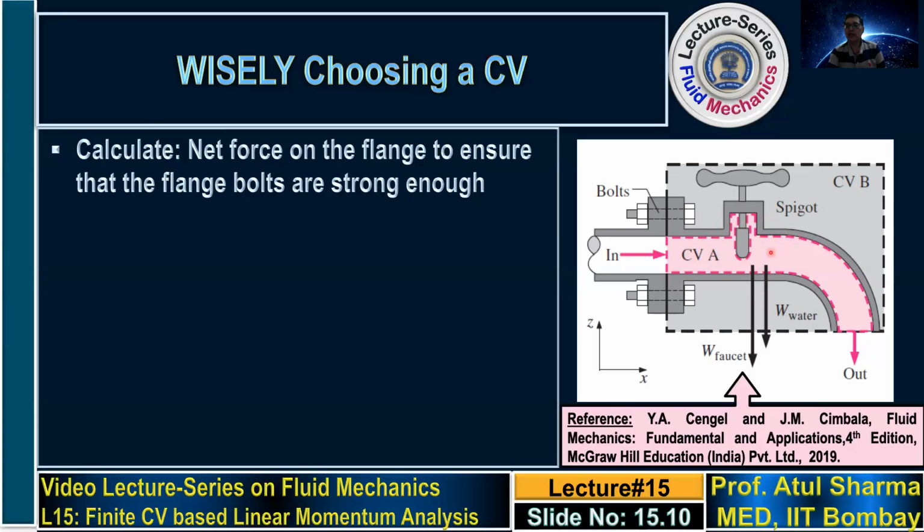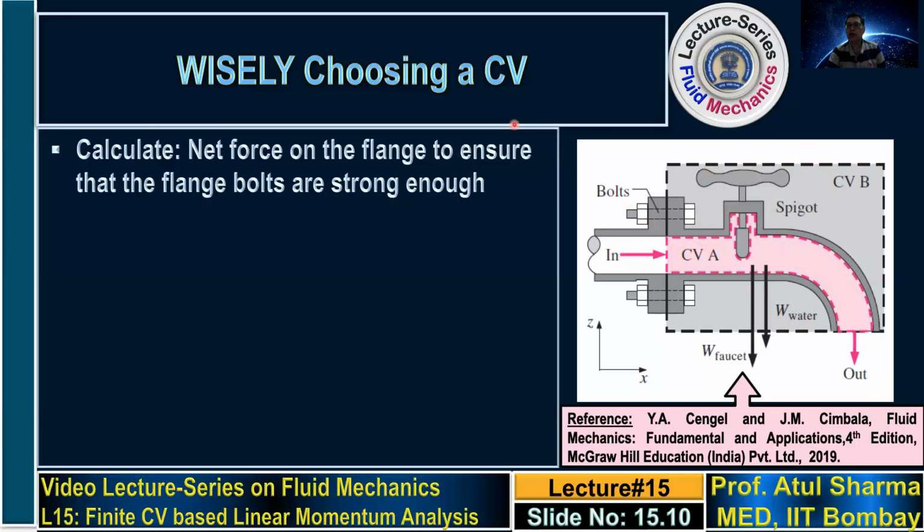And whenever we choose a control volume for the finite control volume based analysis, we try to avoid these internal forces. We only want to consider external forces, such as with this black control volume. You can see the surface is not inside this tap, it is outside, and here the only force acting is the ambient pressure, which is an external force.